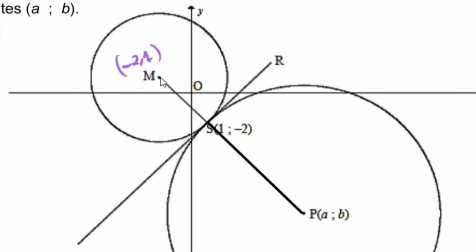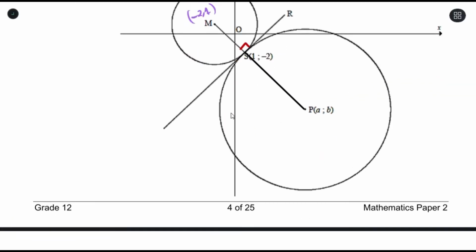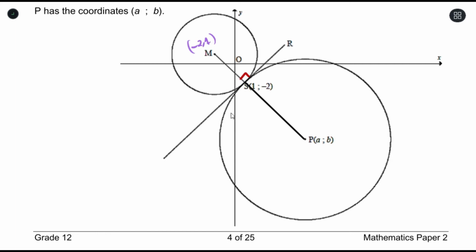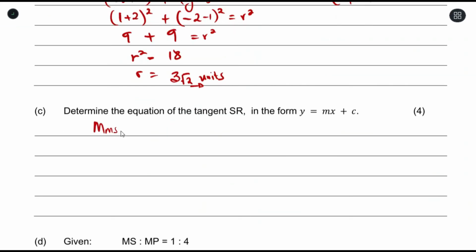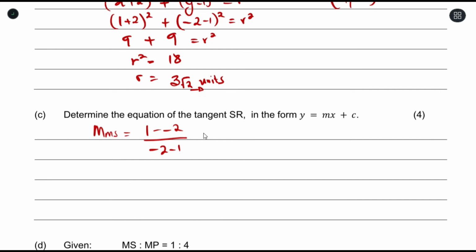And we don't have 2 points on this line to help us get the gradient. However, our radius is always perpendicular to a tangent. So if I can get the gradient of MS, I could get the gradient of SR because they'll be perpendicular to each other, right? The gradients will multiply to give you −1. So let's get the gradient of MS. We understand the gradient of MS times the gradient of SR gives you −1.